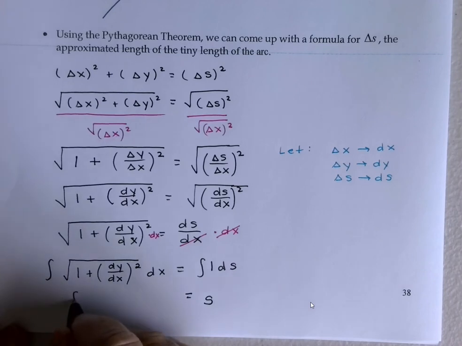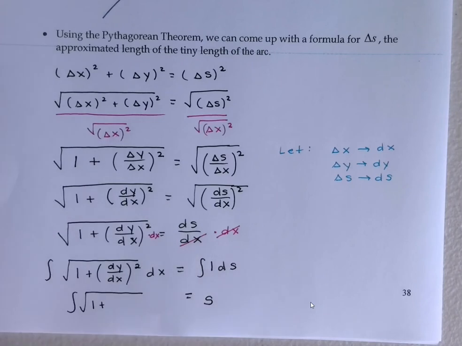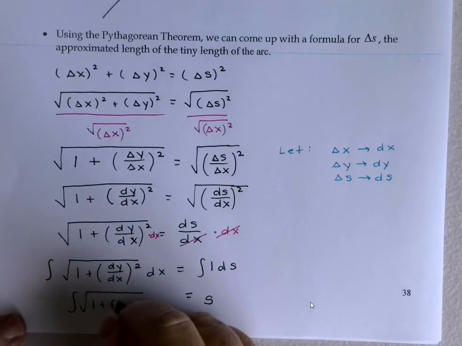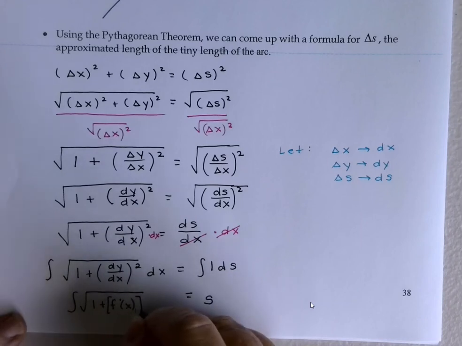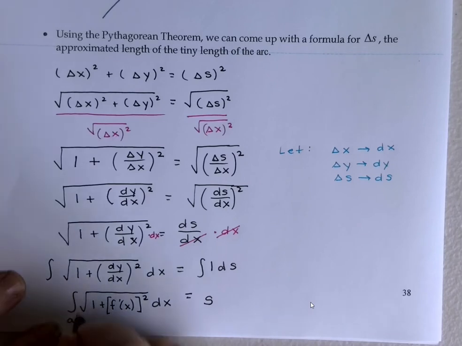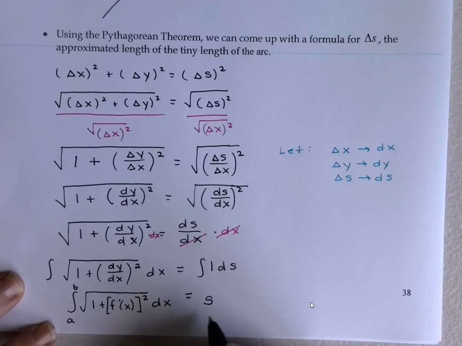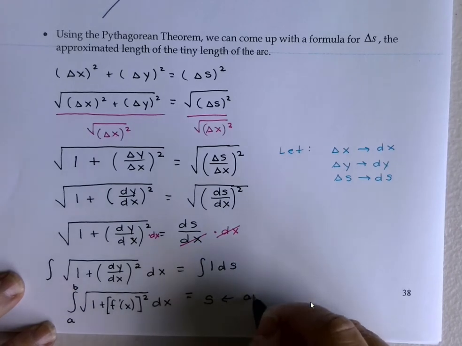And that's going to be the integral of the square root of 1 plus, another way of writing dy dx would be f prime of x for whatever function we're working with, squared, dx. If I integrate between some limits of integration a and b, we have just found s, the arc length.